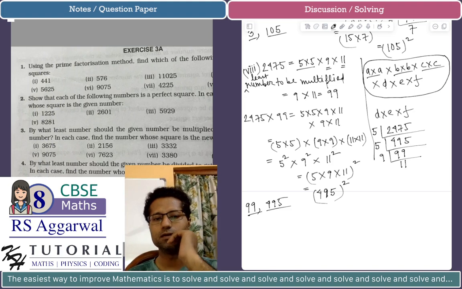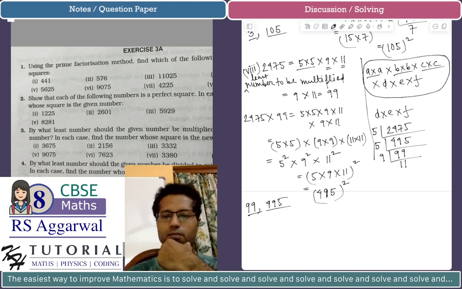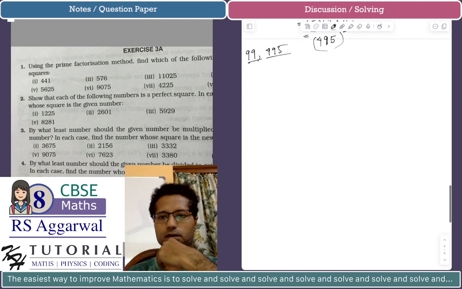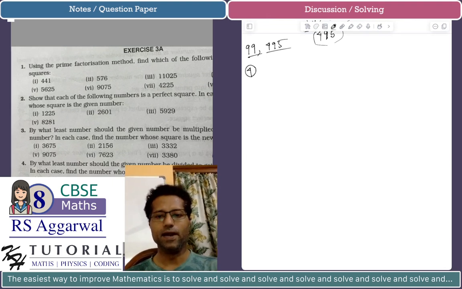I hope you got the basic idea of how to solve this kind of problem, that is, what least number should be multiplied to a given number which is not a perfect square to make it a perfect square. Let's do the next very typical problem, that is, by what least number should the given number be divided.